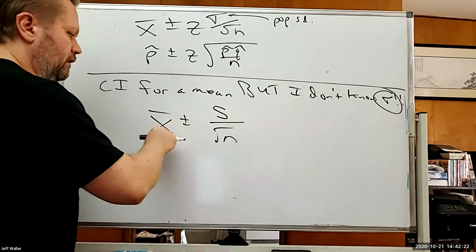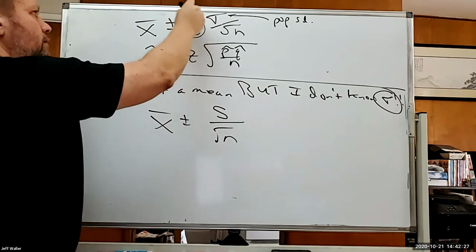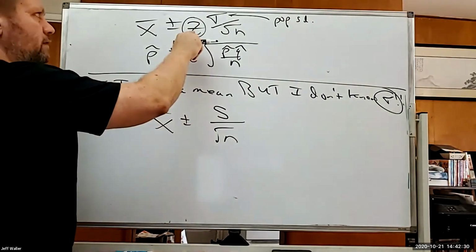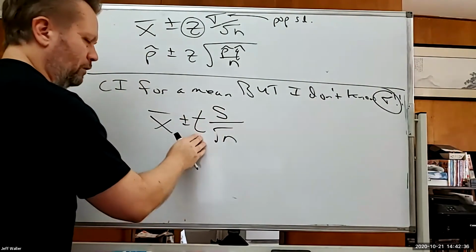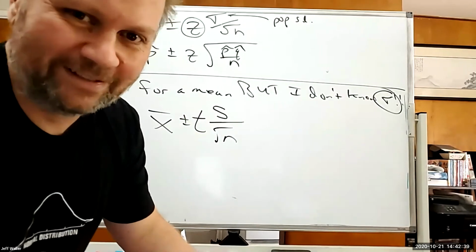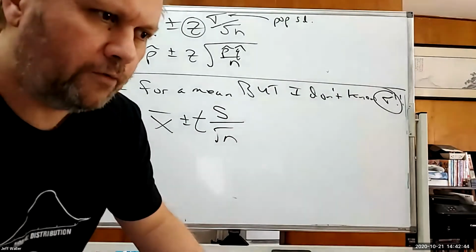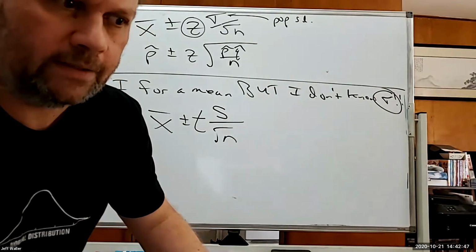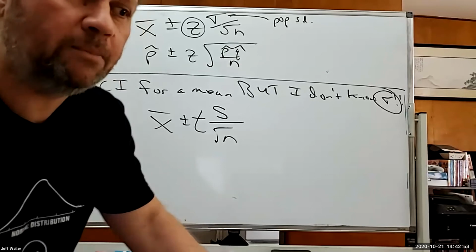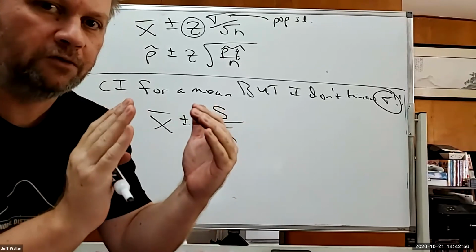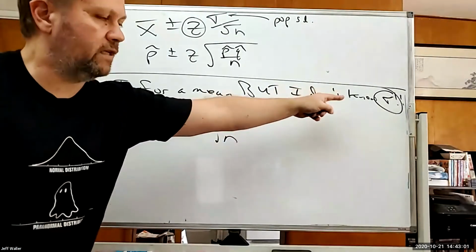I'm going to find these from my sample of size n, so the only thing that I can change is this. Instead of using a z-score, we're going to use a t-score. If the z-score for a situation would be like 1.96, the t-score could be like 2.87 or 2.39. It's always going to be bigger to force my interval to be bigger, to make my error larger. Why does that make sense? Because there's something I don't know.